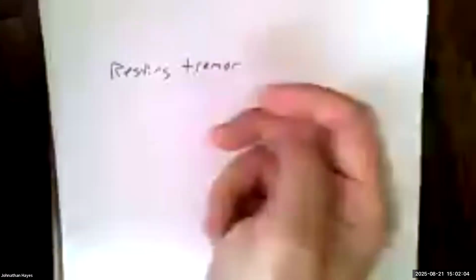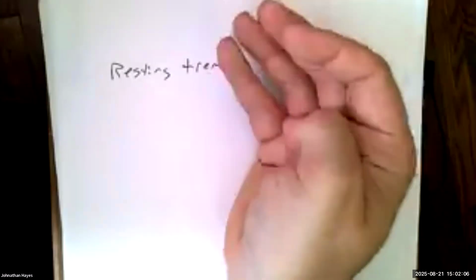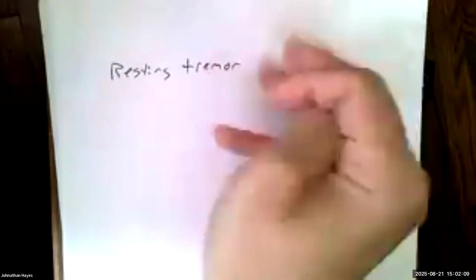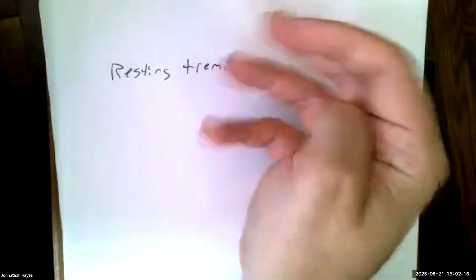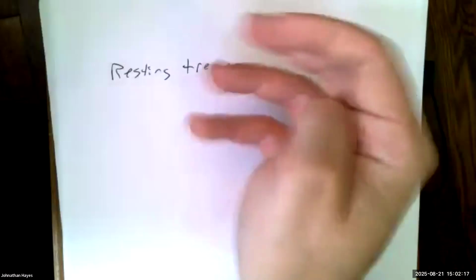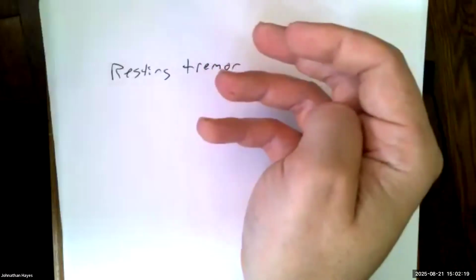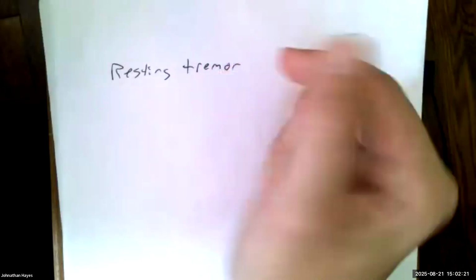It's just a repetitive motion. A lot of times the hand, the thumb might be folded in like this. Sometimes it's facing this way, sometimes it's facing that way. But the hand, when they're resting, shakes. And it's a repetitive type of motion. With chorea, it rides.